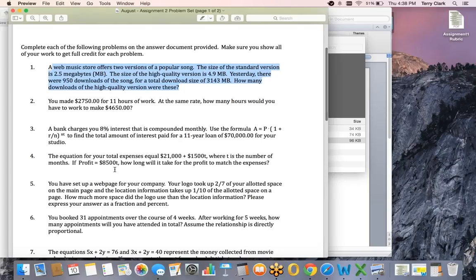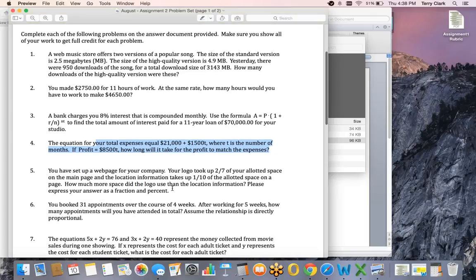This one right here, you can use substitution on it, or you can use a system on it, because you got a profit of 8,500, total expenses of that, where T is the number of months. How long will it take to break even? So, this one is going to equal that one, so to speak.